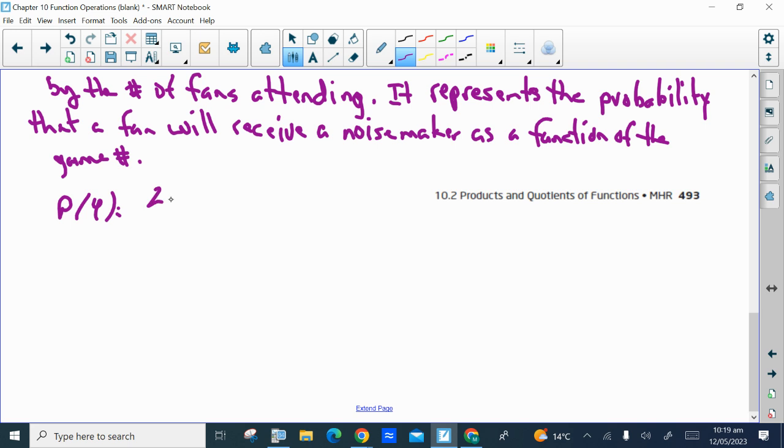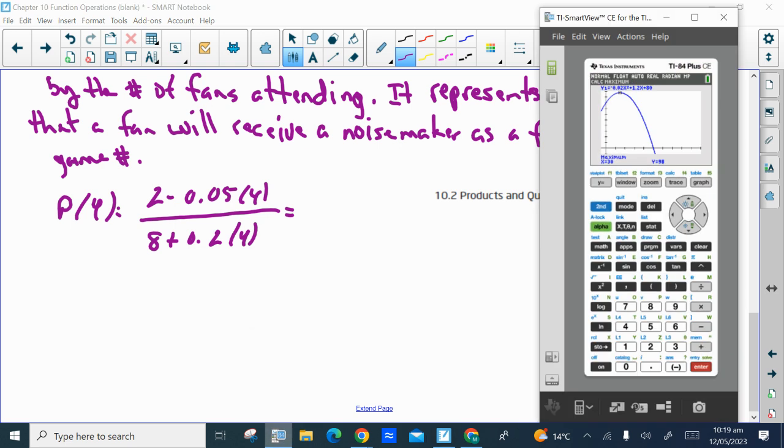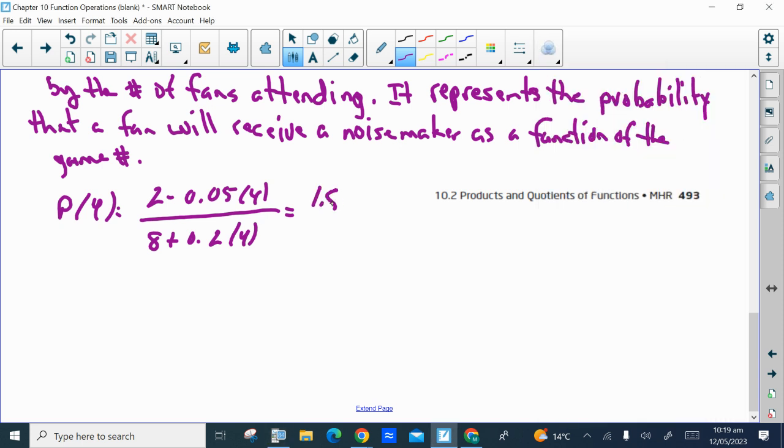So it'll be 2 minus 0.05 times 4 all over 8 plus 0.2 times 4. So 2 minus 0.05 times 4 gives us 1.8 on top.